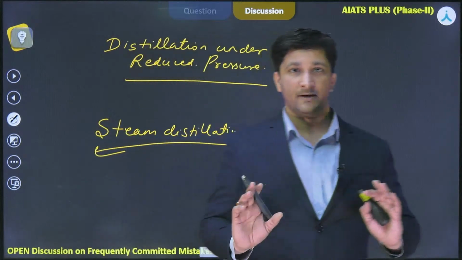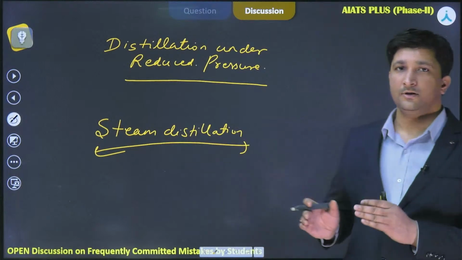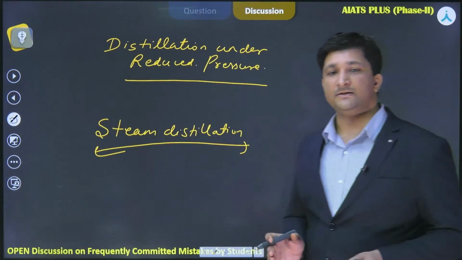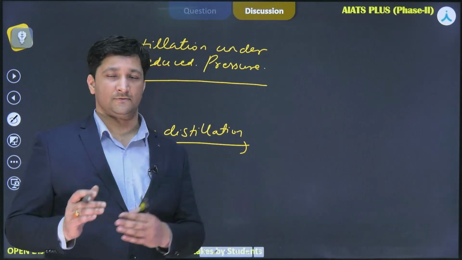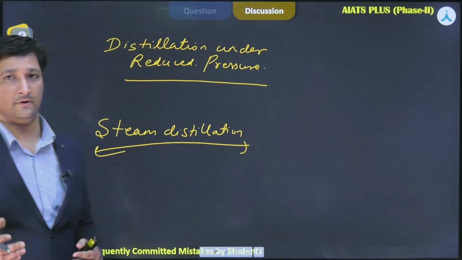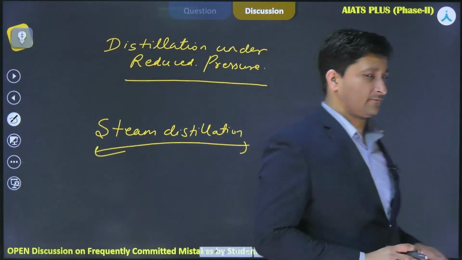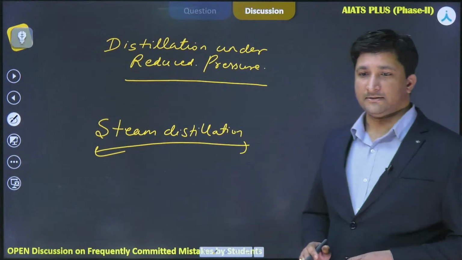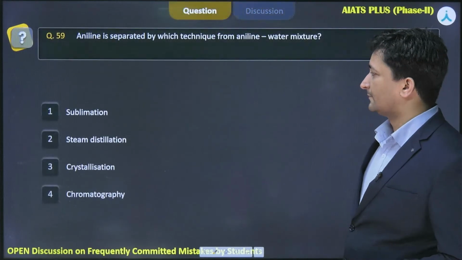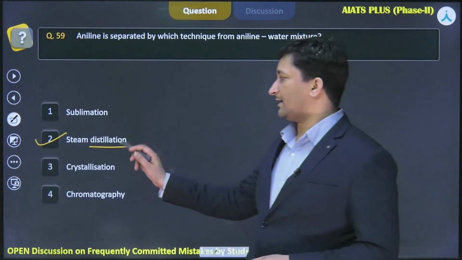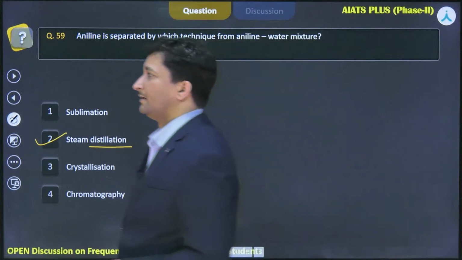We actually supply vapors of water, and the steam volatile component will move out and it will be allowed to cool, and once it gets cooled, then we definitely get our product, because when it gets cooled, the liquid becomes immiscible with water and separates out easily. So this is the basic feature of steam distillation. Okay, and this example is in NCERT. The example for steam distillation is aniline water mixture.